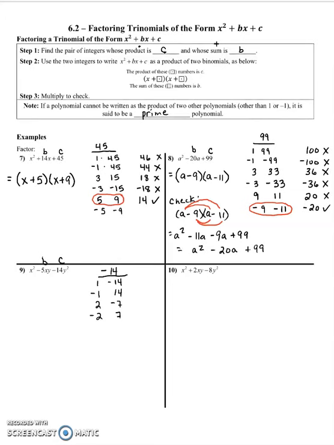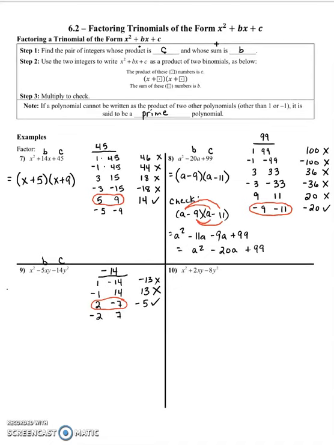So 1 plus a negative 14 is negative 13. That's not it. Negative 1 and 14 gives us a positive 13. That's not it. 2 and negative 7 gives us a negative 5. So that's the one we want. And since that's the one we want, we don't even have to check the other one.